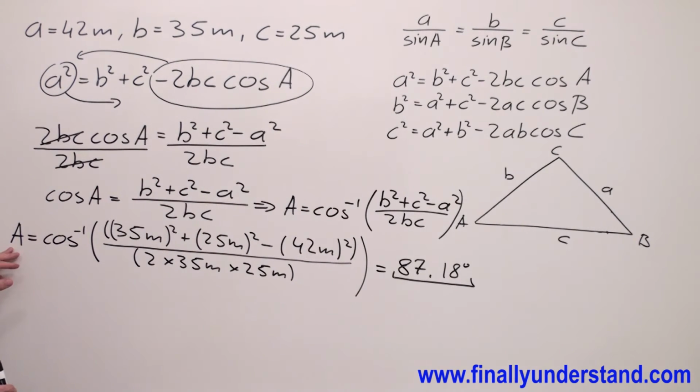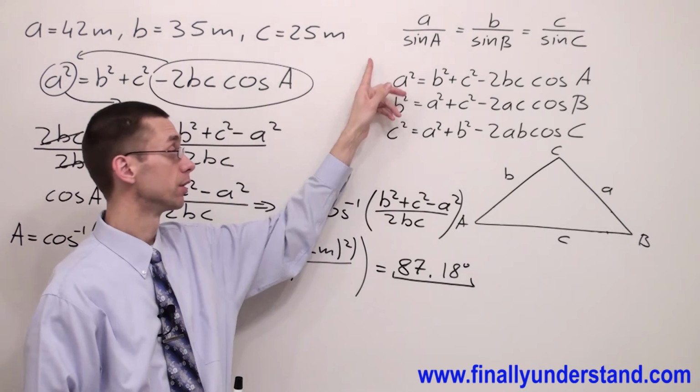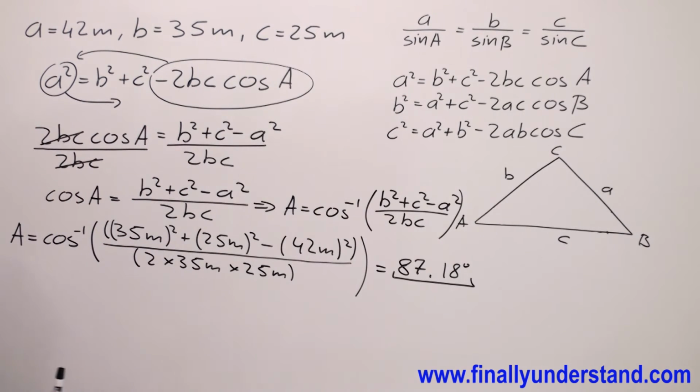So I have an angle and I have 3 sides, so I can use law of sines. So I'm going to calculate angle B first.